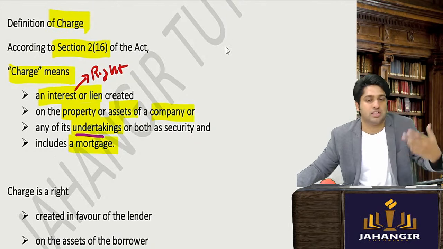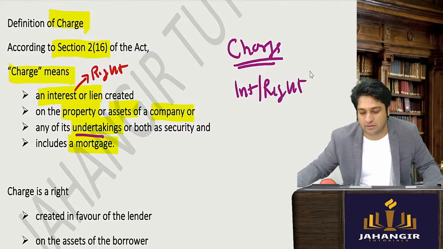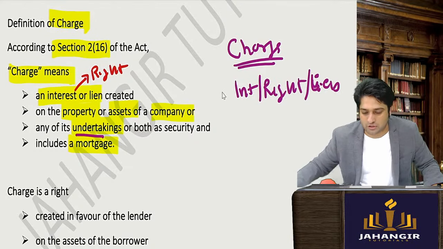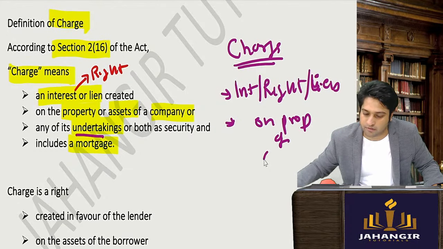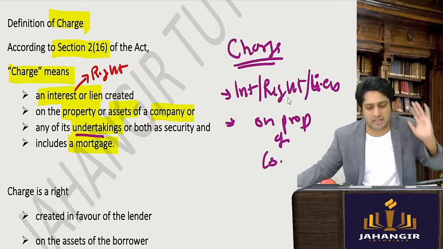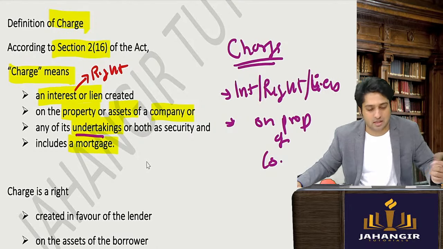Now understand what this is. So what is a charge? A charge is nothing but an interest. Interest means a right or a lien. I give the power. So this is created on the property of the company. Now what kind of property do we have? We can have assets.